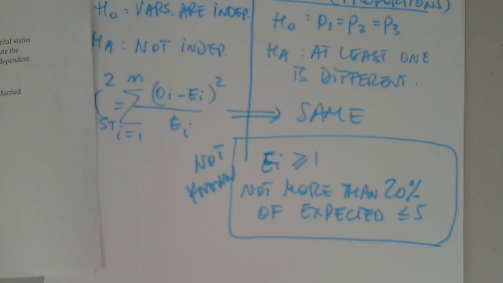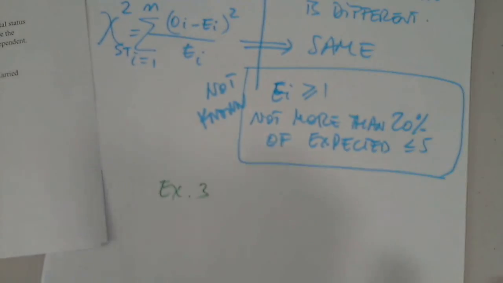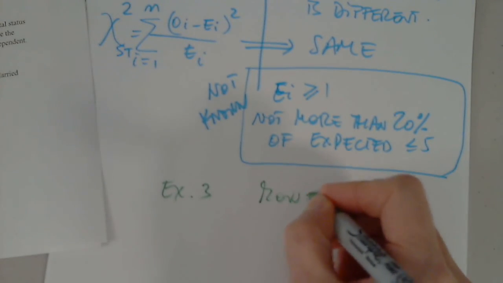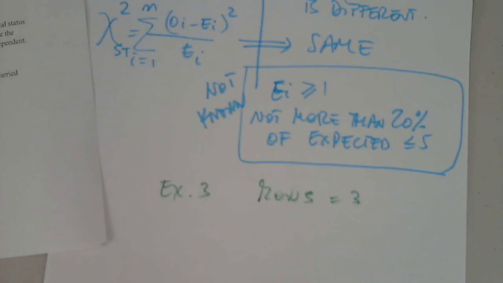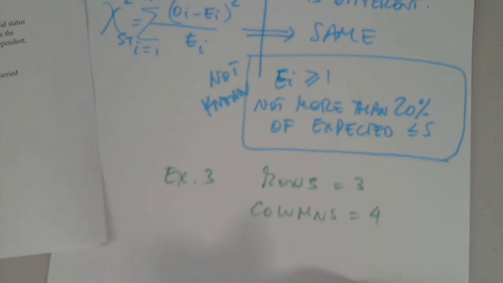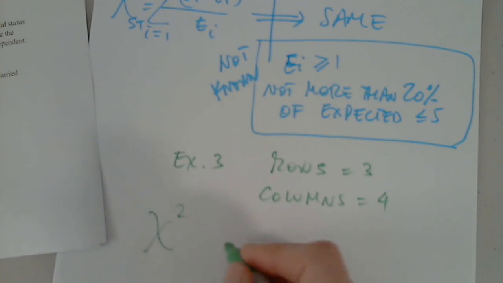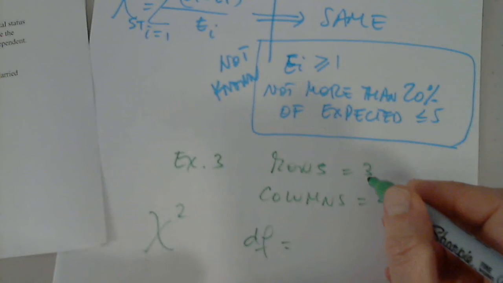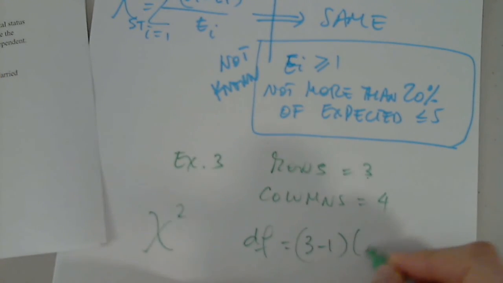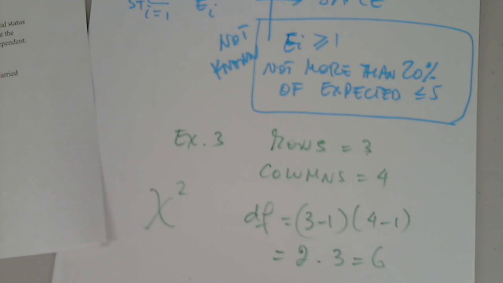So I see in this problem, in example 3, I immediately say rows 3, columns 4. I will conduct a chi-square test, but how many degrees of freedom? 3 minus 1 multiplied by 4 minus 1. And that is 2, and this is 3, so 6 degrees of freedom.